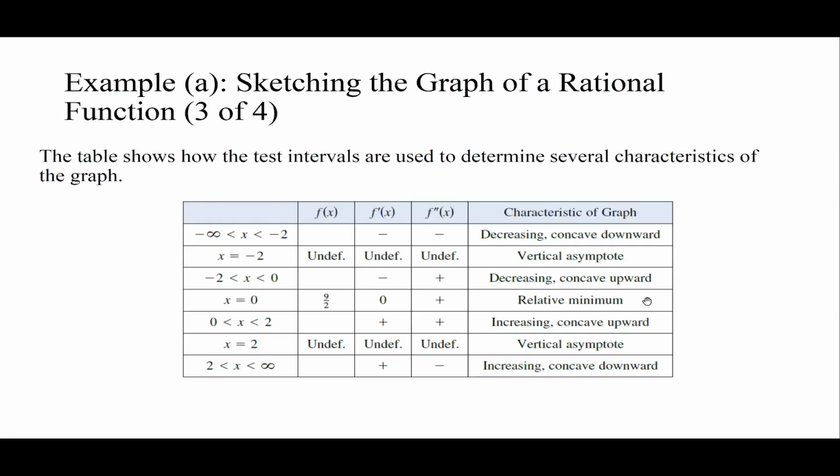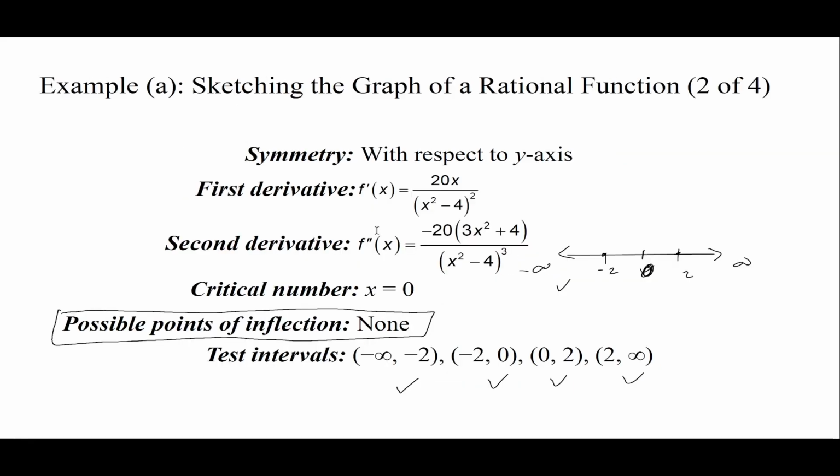So to save our time here, I'm going to summarize this information here. This is the table, this is the interval we would like to test the function. The first derivative on this interval would be negative. If you go back and check your first derivative, the first derivative is actually 20x over (x squared minus 4) to the power of 2 here. So this denominator part is always positive because there is a square.